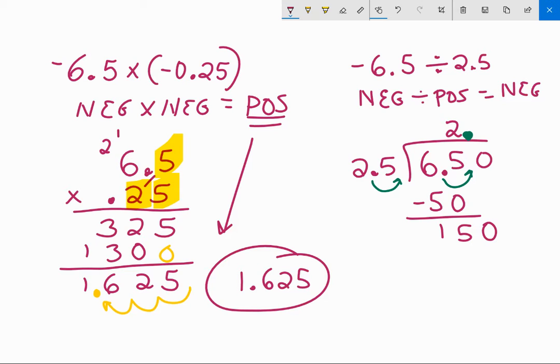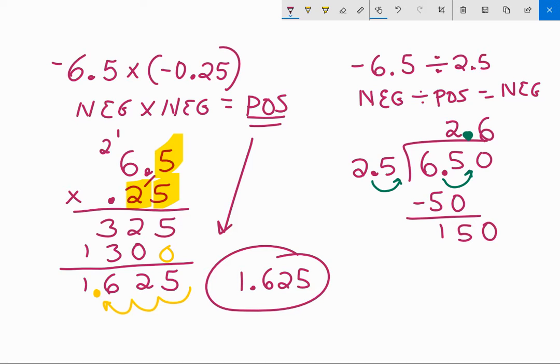25 into 150. This is real easy to think of as money. 25 is a quarter. How many quarters would be in $1.50? 4 quarters in $1, and then 2 quarters in 50 cents. It'd be exactly 6.